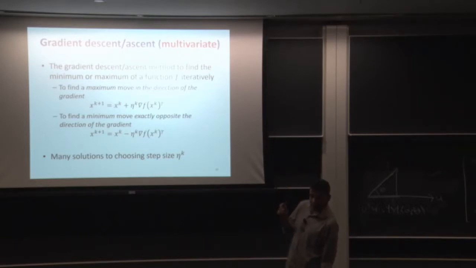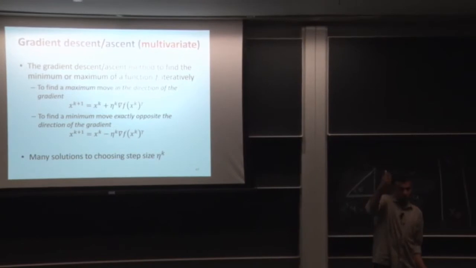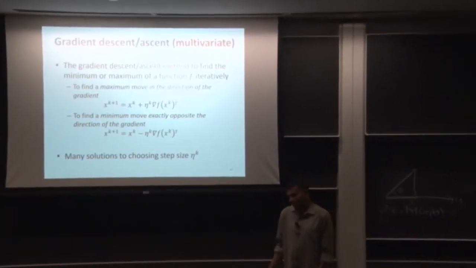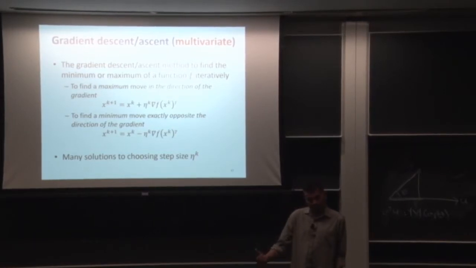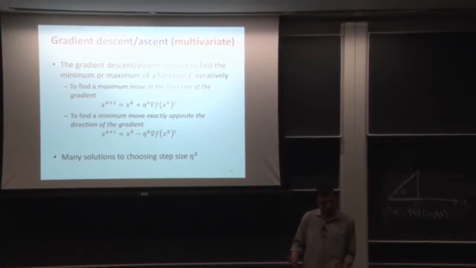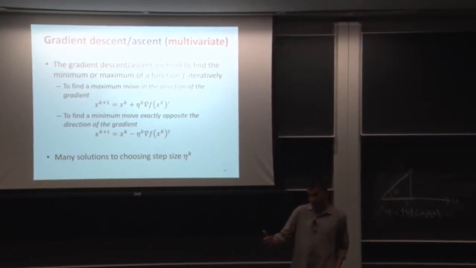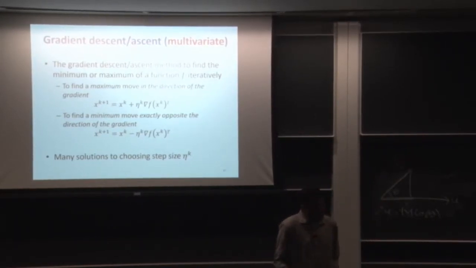That was for a scalar function, but the same thing holds for multivariate functions. At each point, you can compute the gradient. We know the gradient is the direction of fastest increase. If you want to decrease the value as rapidly as possible, you're going to walk against the direction of the gradient, exactly opposite the direction of the gradient, which means that at each point from the current estimate, you're going to walk in the direction of minus the gradient, and there's a step size.